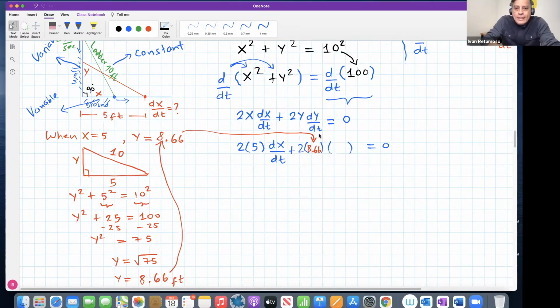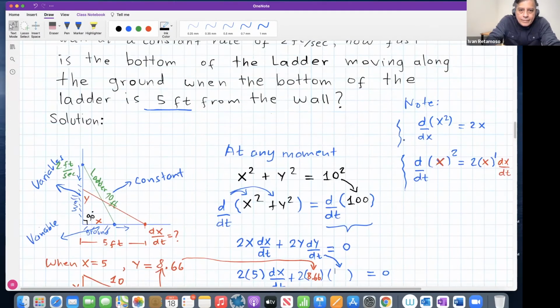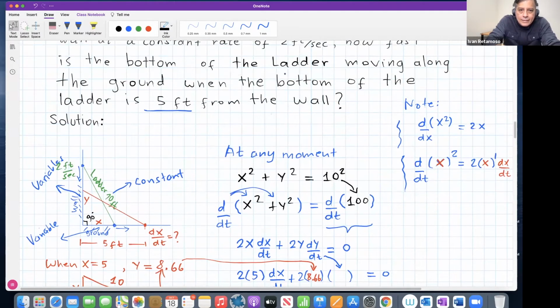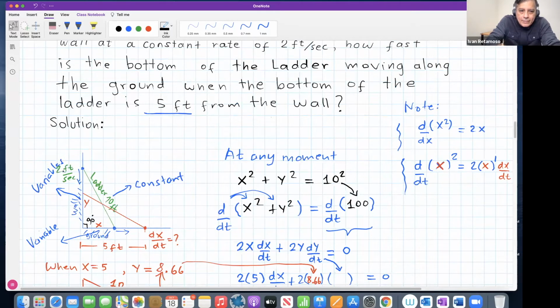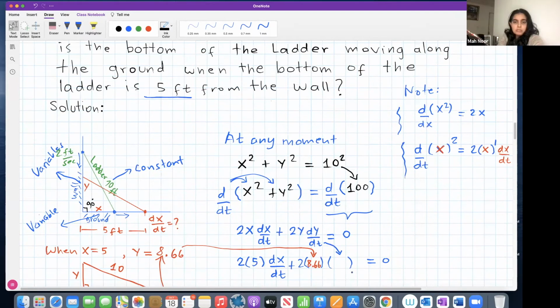Very good. Now, anyone could tell me what should be this dy/dt based on the information of the problem? They are saying that this guy is falling at this rate, but what number is it? Great, 2. But something else is missing there. Notice that this y throughout time is decreasing. It's getting smaller and smaller, to the point that at a certain moment it will be zero.